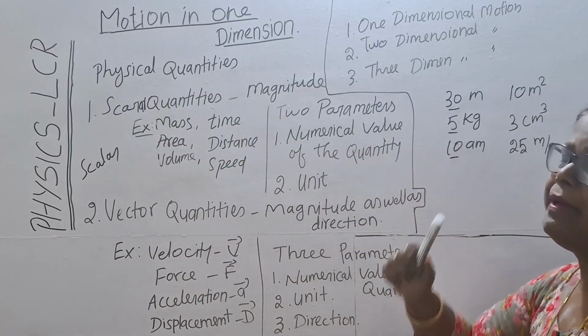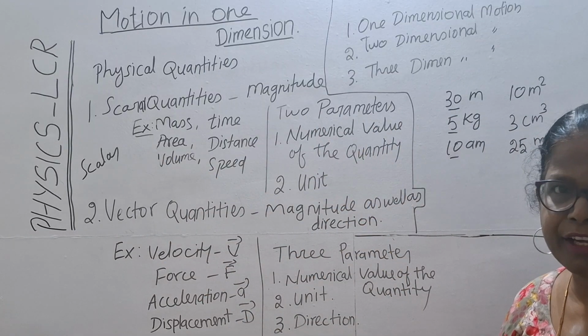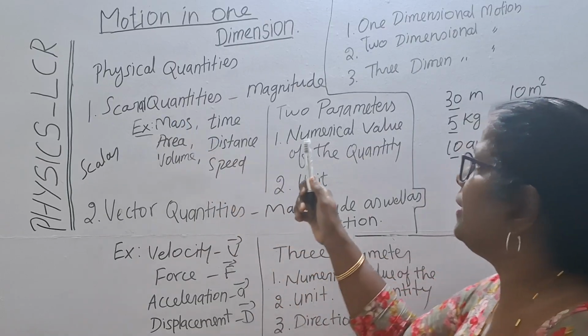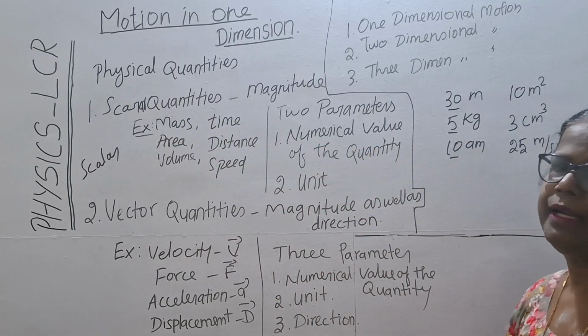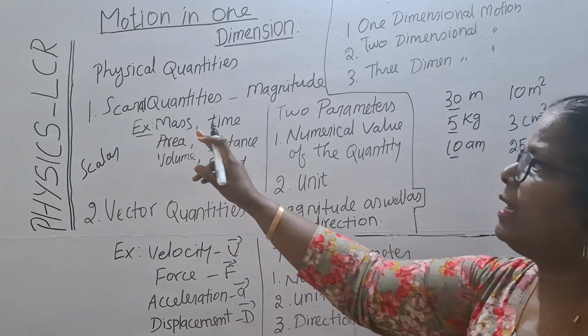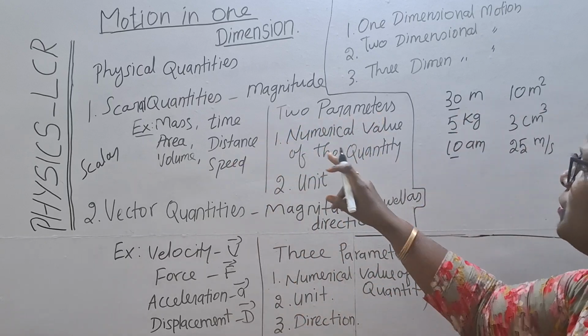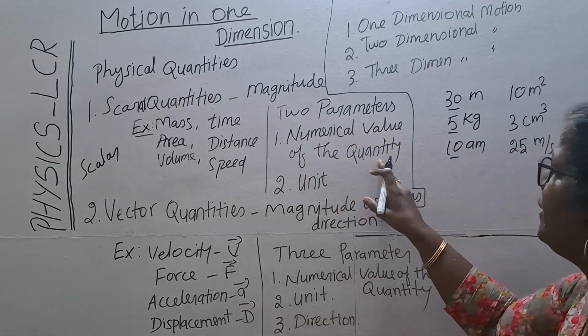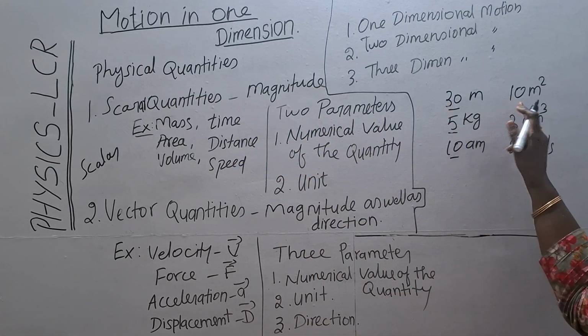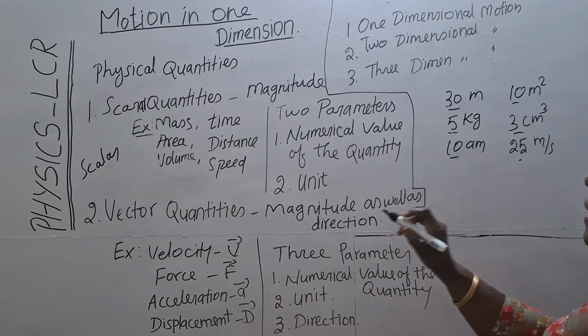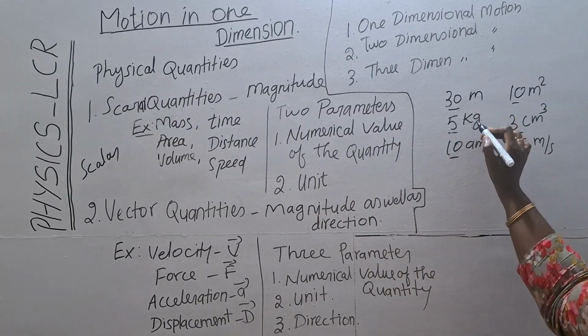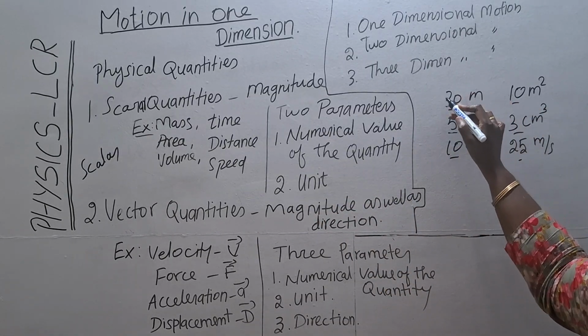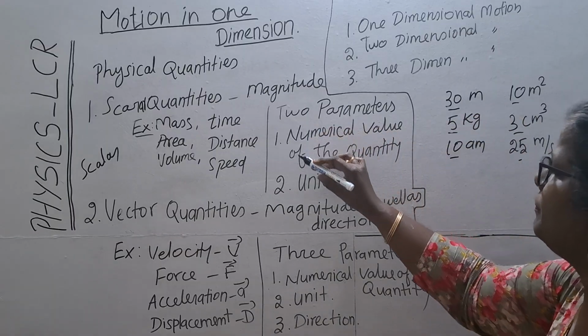Two parameters define a scalar quantity. What are the two parameters? One is the numerical value of the quantity, another one is the unit.